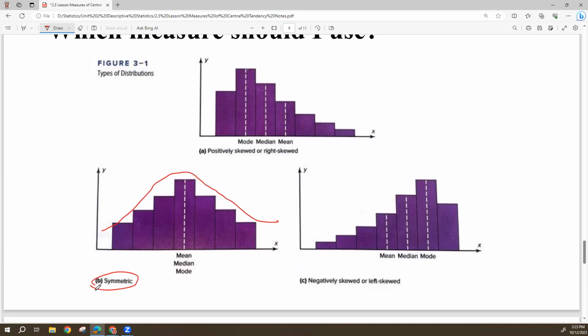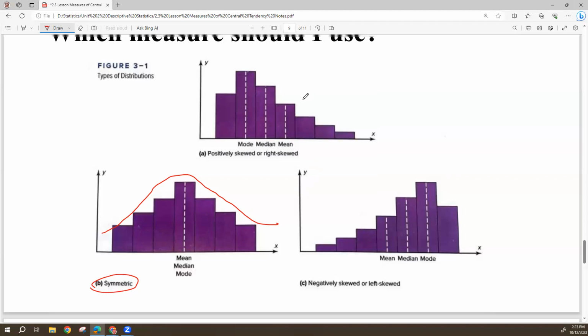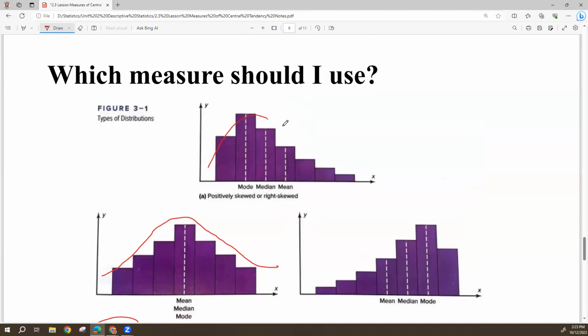Whenever we have a histogram, what we would call a distribution that is approximately symmetric or looks close to symmetric, all of these measures of central tendency are going to be very close, if not the same. And so we would always go ahead and use the mean then to describe where is the center. Whenever we have a skewed data set, this is right skewed.